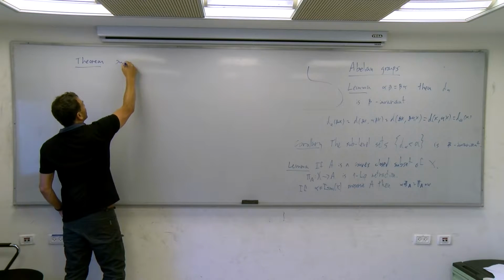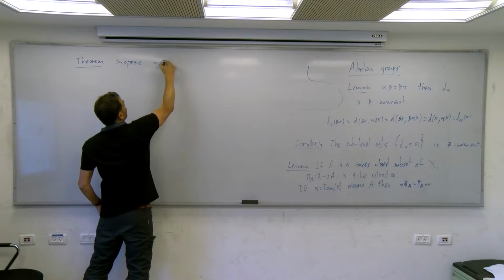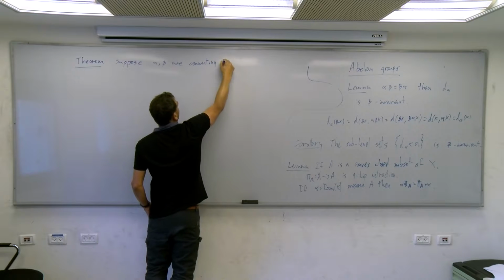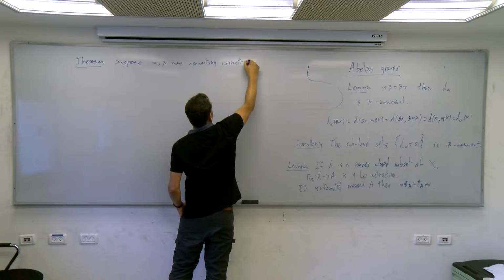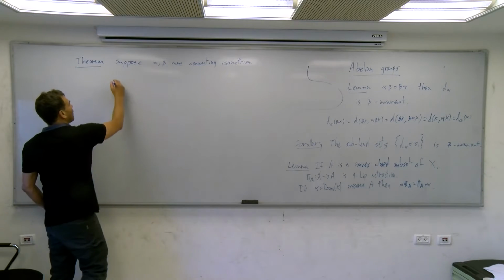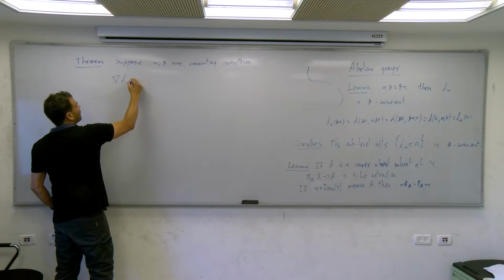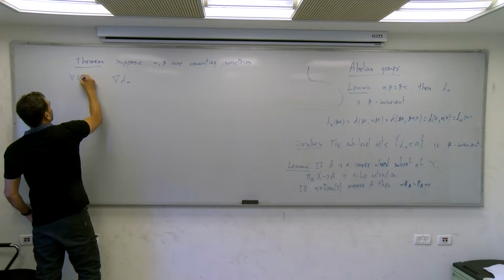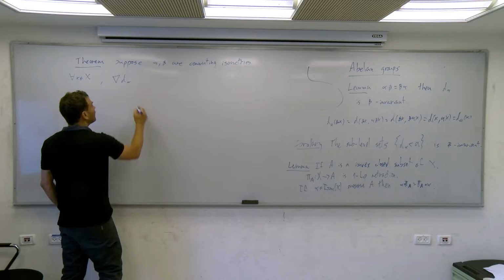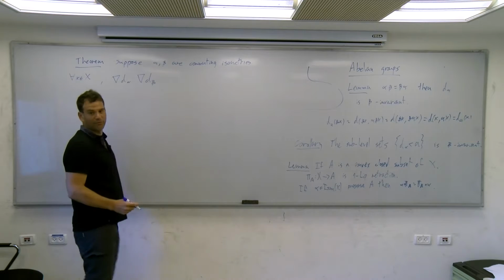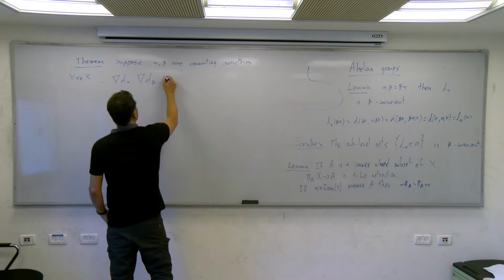Suppose alpha and beta are commuting isometries. Then for any x, the gradient of d_alpha at x, in an inner product with the gradient of d_beta, in the tangent space of x, is non-negative.